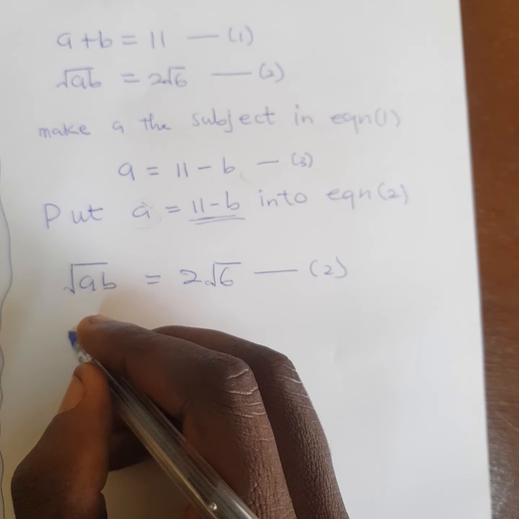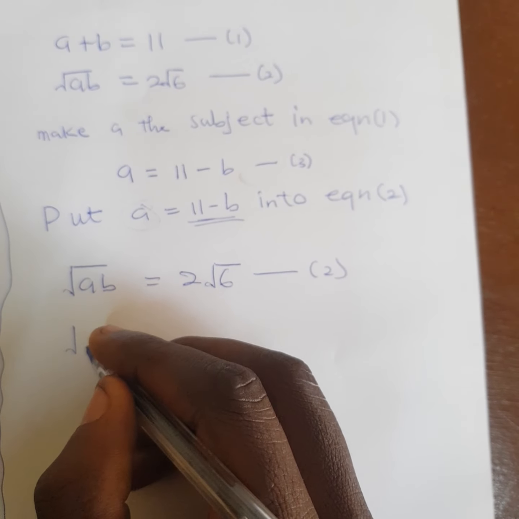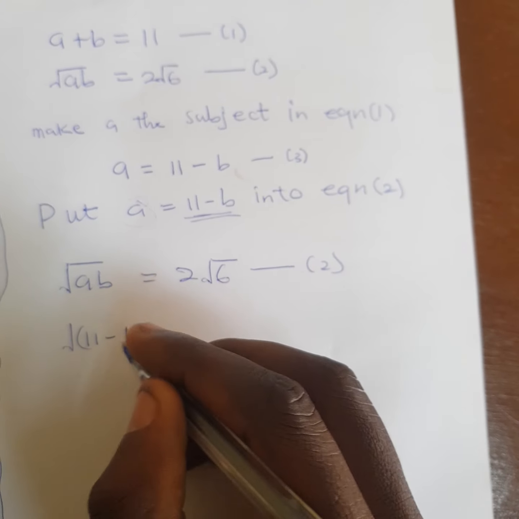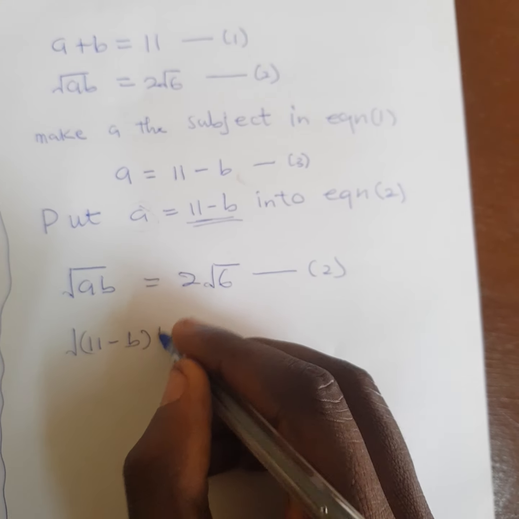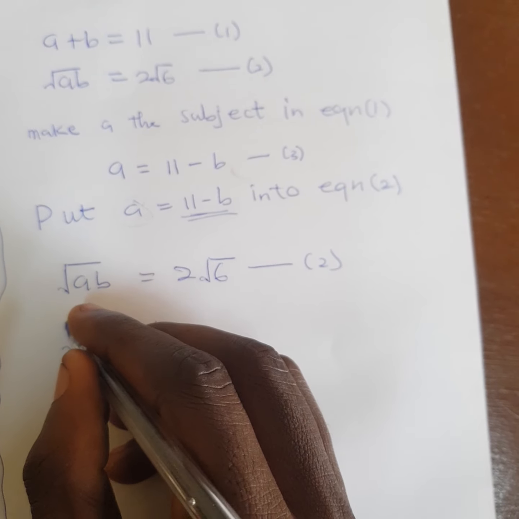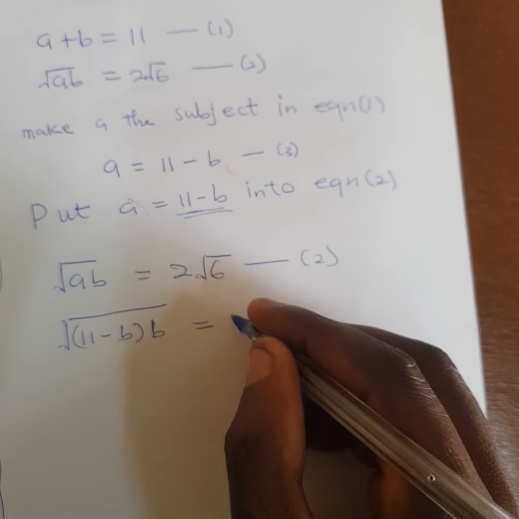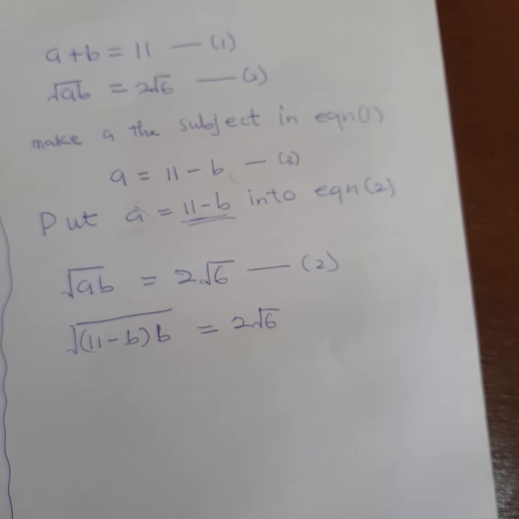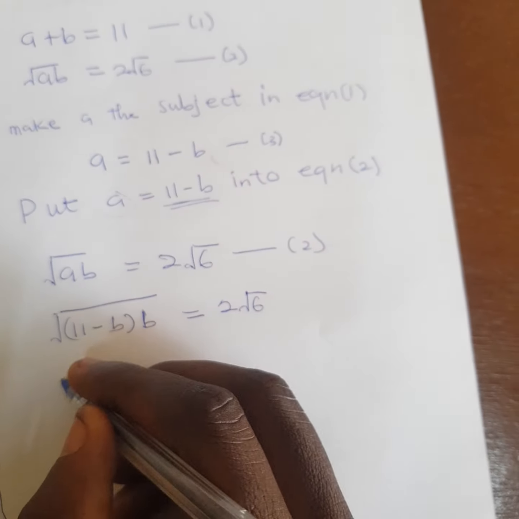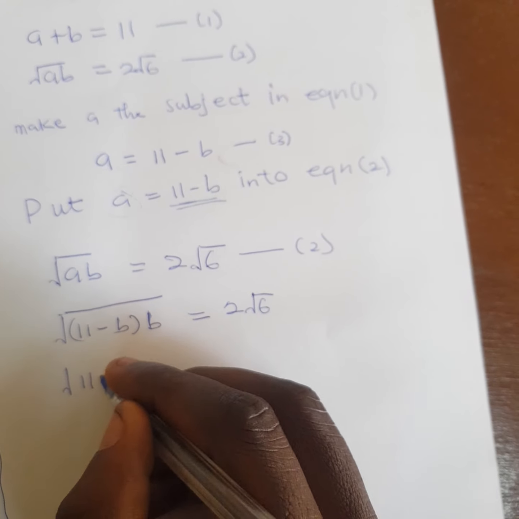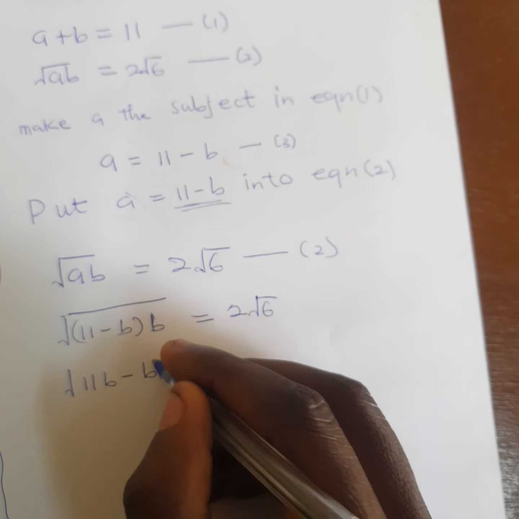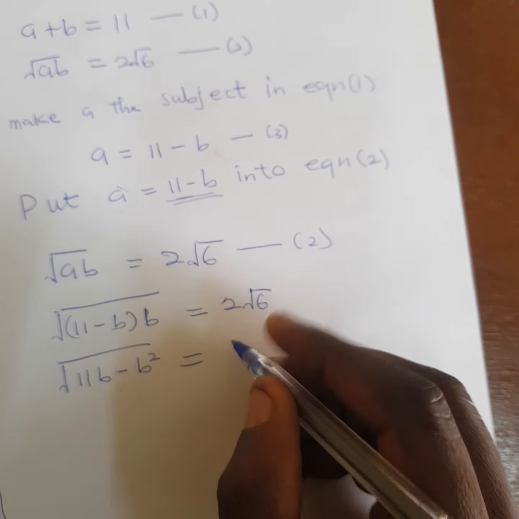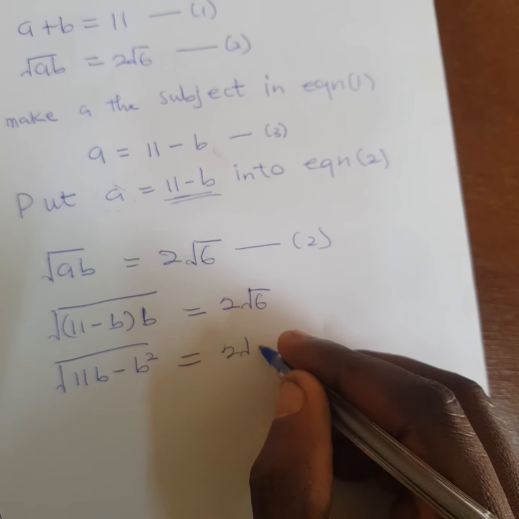Now substituting it inside, you're going to get root of 11 minus b as our a now, multiplied by b, equal to 2 root 6. Now this will be 11b minus b squared equal to 2 root 6.